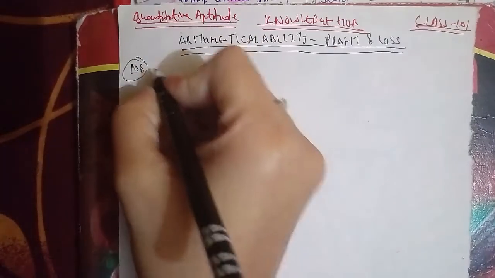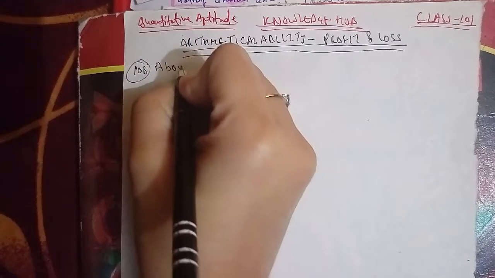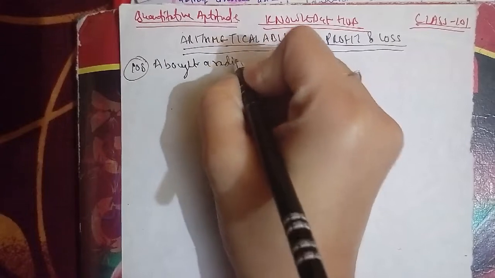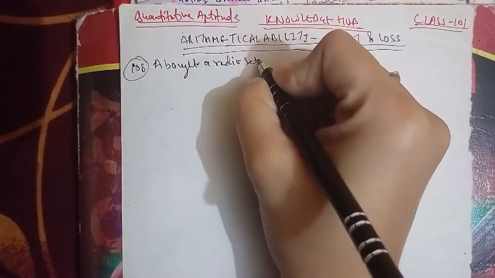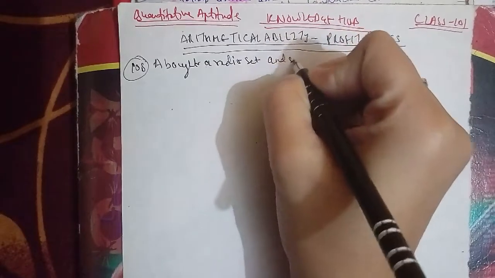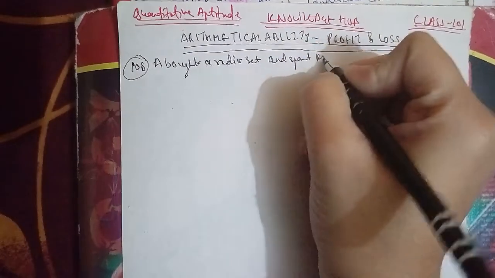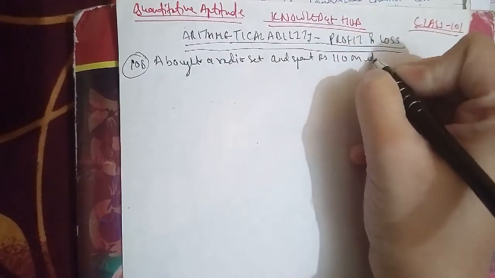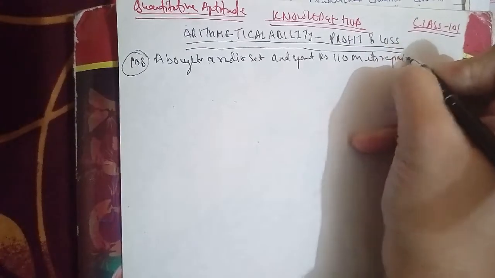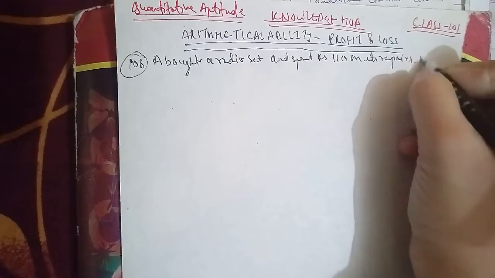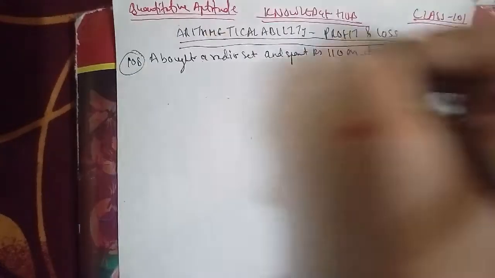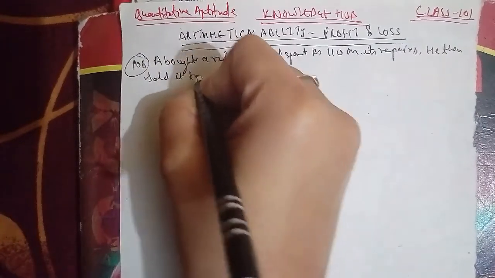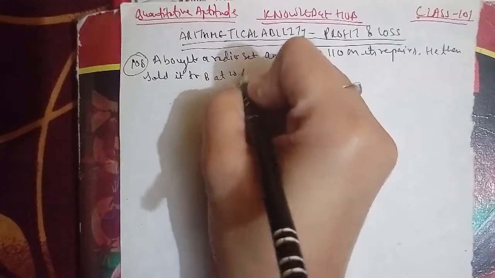So we go ahead with the same. A bought a radio set and spent rupees 110 on its repair. He then sold it to B at 20% profit.